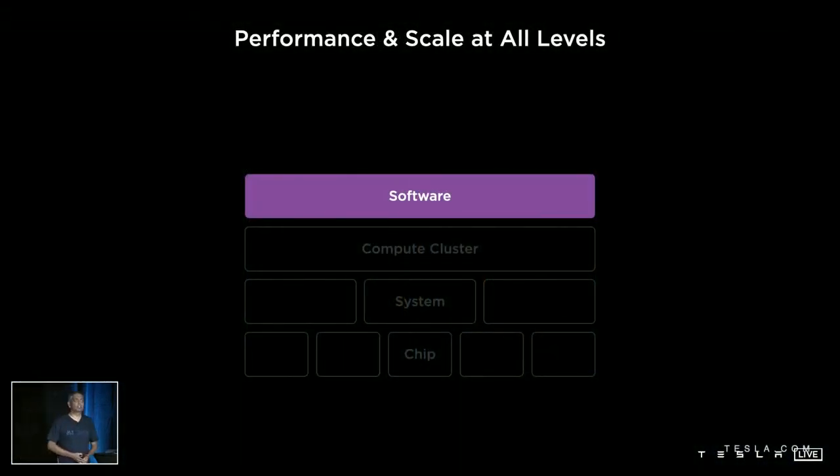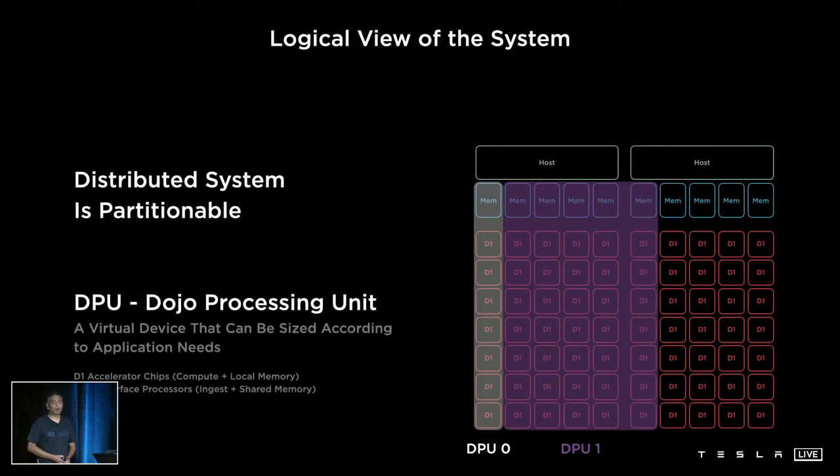Not just the hardware, the software aspects are so important to ensure scaling. And not every job requires a huge cluster, so we planned for it right from the get-go. Our compute plane can be subdivided, can be partitioned into units called Dojo processing unit.